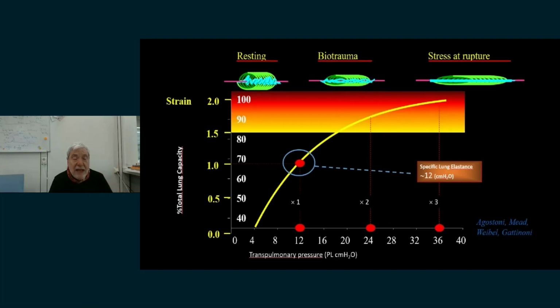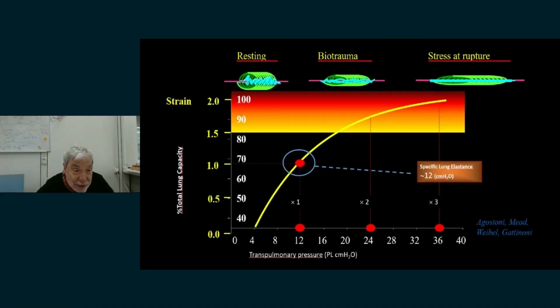Now, if I look at the whole system, this is an old graph derived from the Handbook of Physiology. You can imagine that I apply a force, and the force is the transpulmonary pressure. The stress is equal to the transpulmonary pressure applied with the opposite sign and is associated with strain.